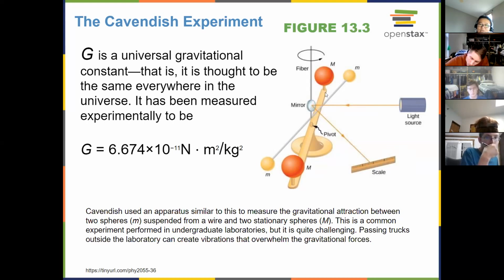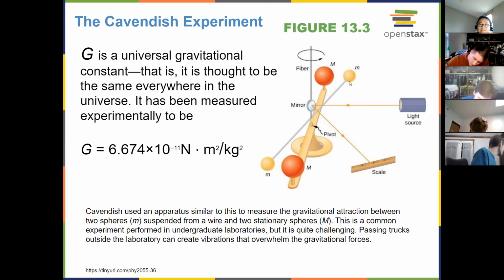Now you move the two big masses close to the small ones, with the center at the line of the fiber and the two at equal distance. You can set the distance between each pair of balls.